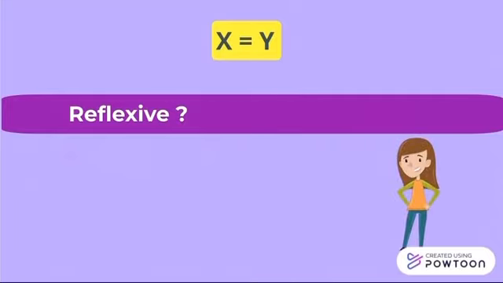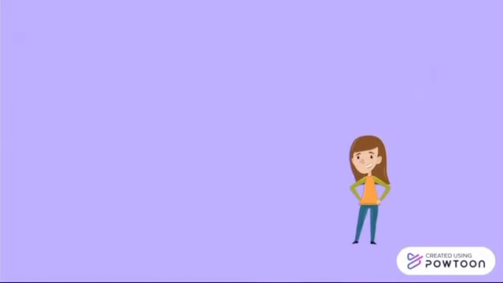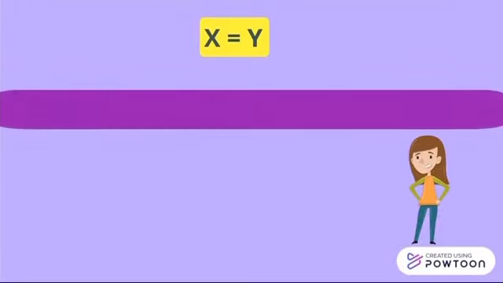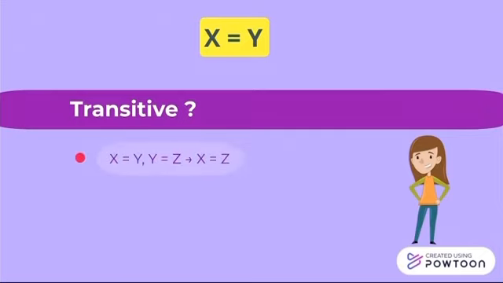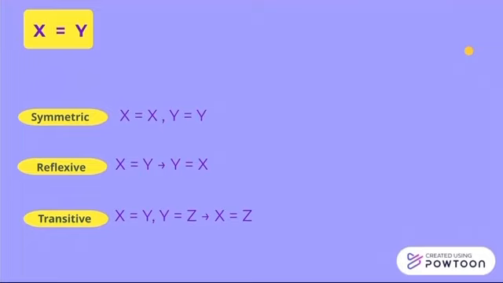The answer is yes, because if x equals y, y definitely equals x. Lastly, is it transitive? Yes, because if x equals y and y equals z, then x definitely equals z. So x equals y is an equivalence relation as it is reflexive, symmetric, and transitive.